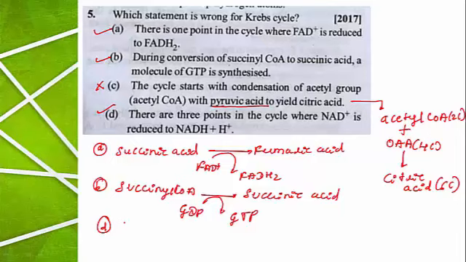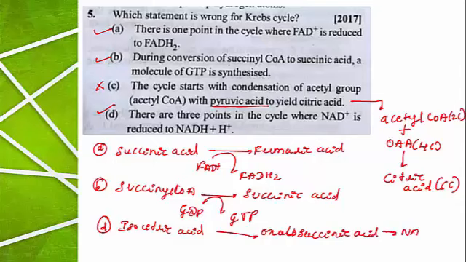Only for better understanding of this question, here I am mentioning one NADH is produced when isocitric acid is converted into oxalosuccinic acid. Here there will be synthesis of one molecule of NADH.